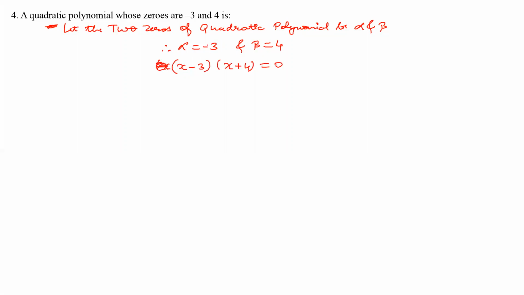Because the zeros are -3 and 4. Normally this comes at the end, but now it is given, so we have to do the reverse process. So what will it become? x square. First term into first term is x square. First term into second term will become 4x. Then second term into first term will become minus 3x. And second term into second term will become minus 12, which is equal to 0.